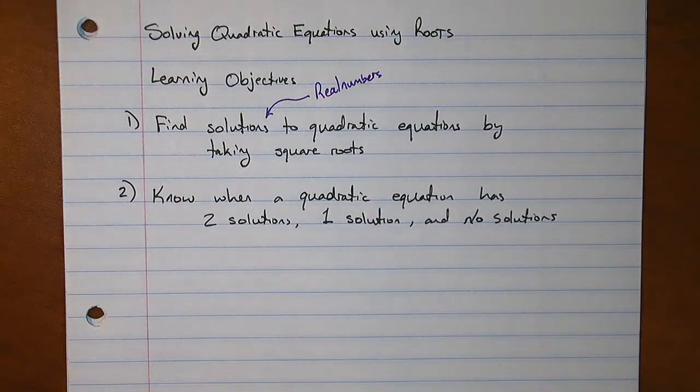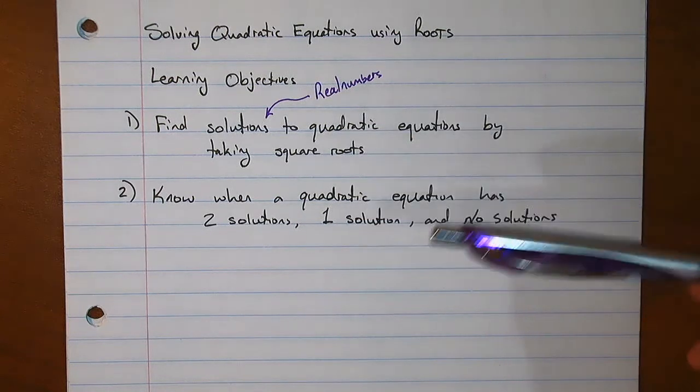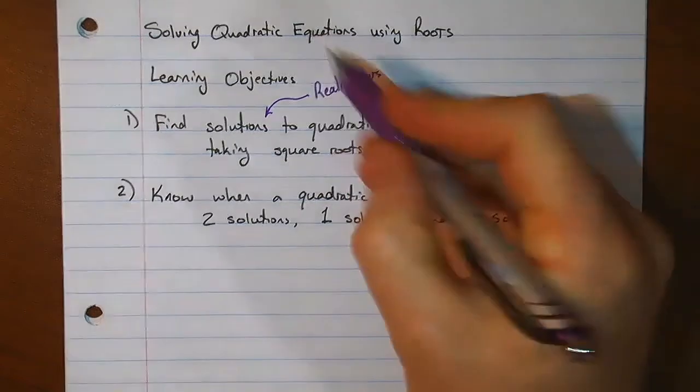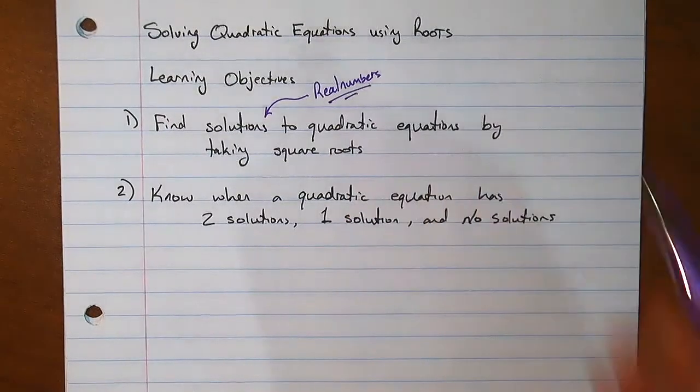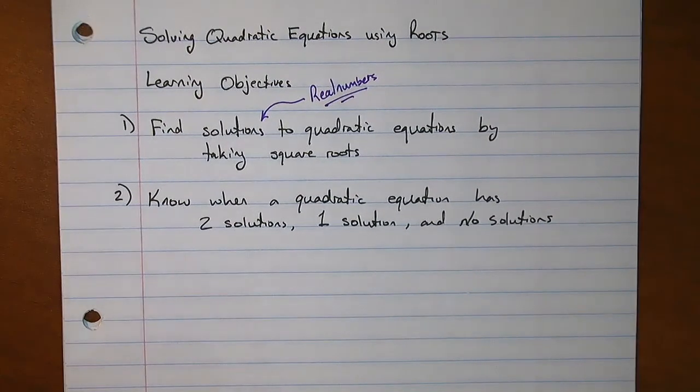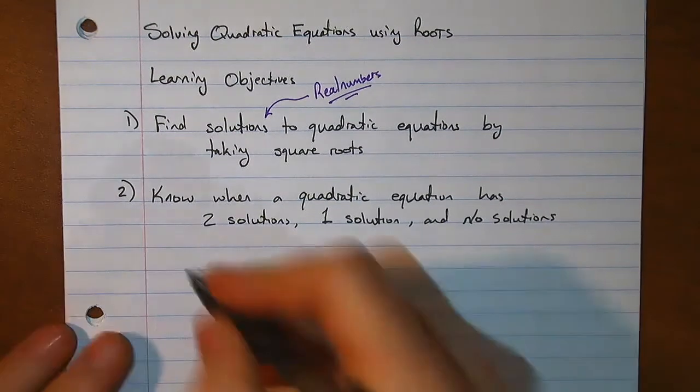The biggest and the most common number set that we use in our class is the real number set, but there is another number set that we'll get into eventually called the imaginary or the complex number set. And that can make the way that we do these problems look very differently. But right now, at this point in our class, we're still at the point where everything is a real number. Okay, so with all of that said, let's get started looking at some problems.